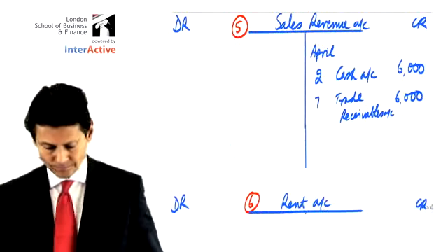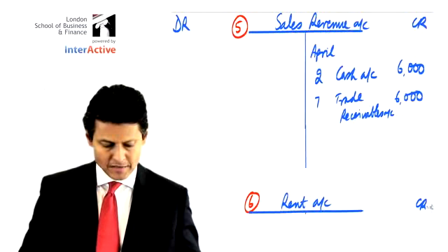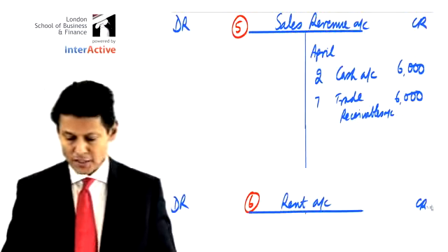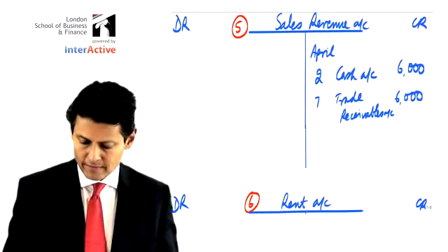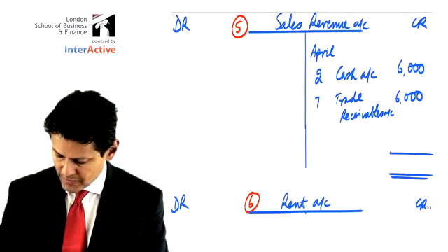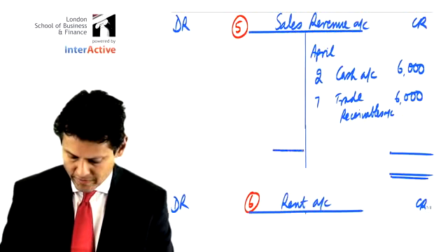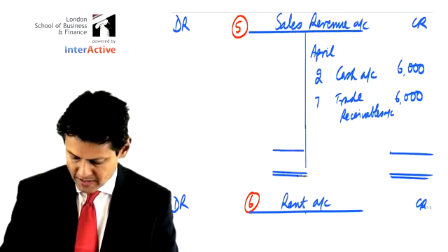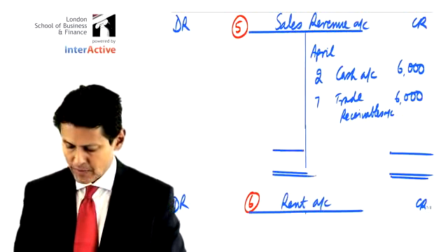Sales revenue, the next account. I thought we had reached this earlier, but now we do. Leave a couple of lines. The credit side looks a bit heavier. In fact, that's the only side that's got any activity. So how do we cope with this?